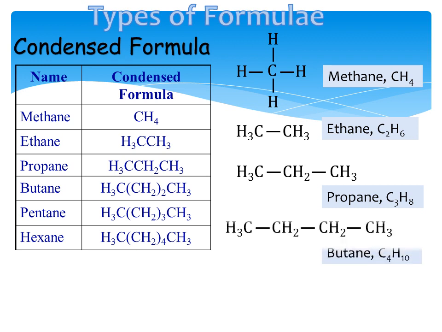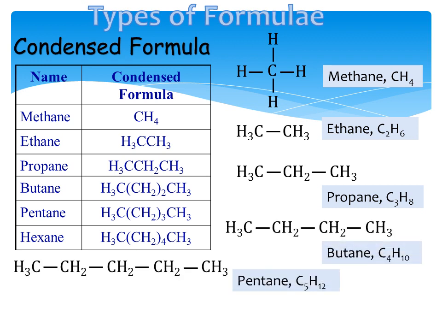And we go for the fourth example, which is butane, C4H10, and CH3CH2CH2CH3 represents the whole molecule, which is singly bonded in a linear structure. It is the condensed formula of butane.